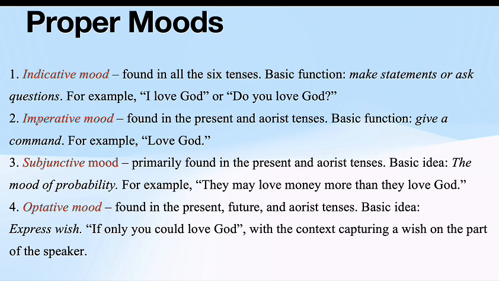And we have another proper mood, the imperative mood. The imperative mood is found in the present and aorist tenses, in 2 tenses. The basic function of the imperative mood is to give a command. There are other functions, but this is the basic function.